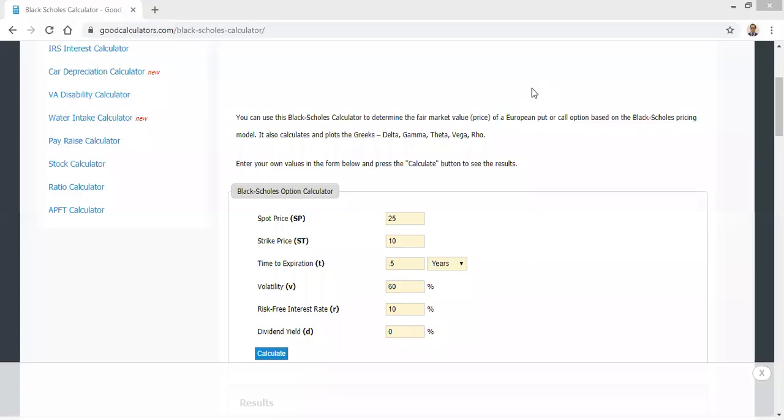Friends, this is the utility. Can you see that? It is goodcalculators.com BS calculator. Now, if we feed the values, our spot price 25, I'll feed 25 over there. Let me first erase all the values. Okay, they have allowed me. That's great.